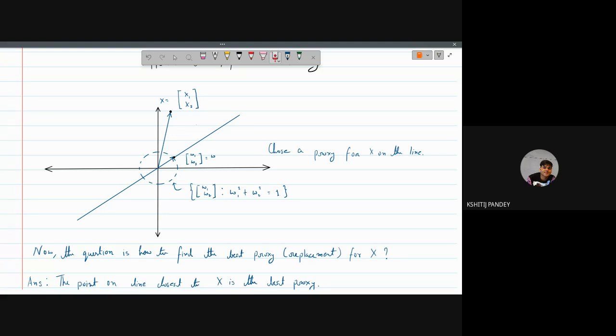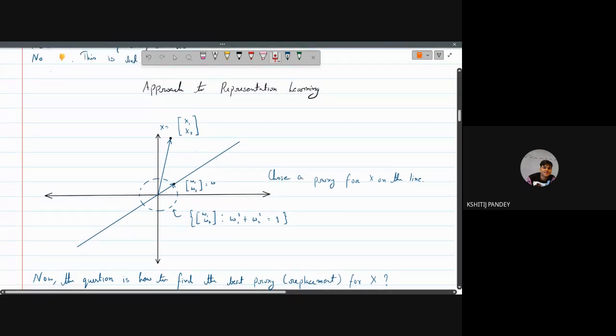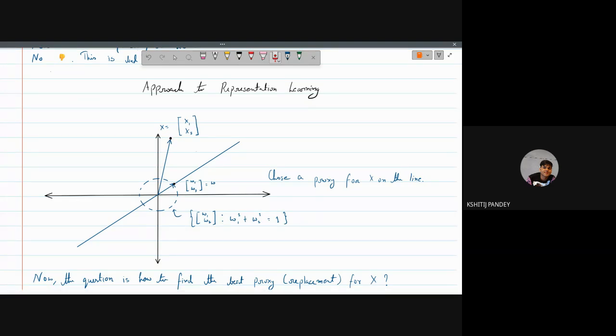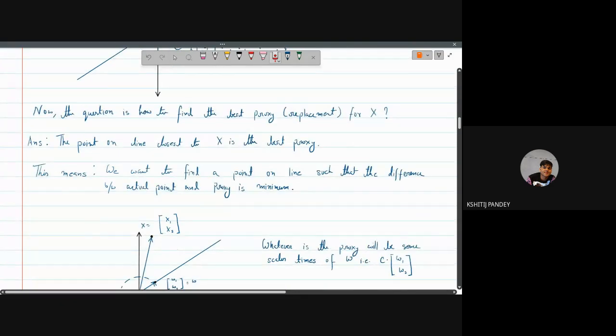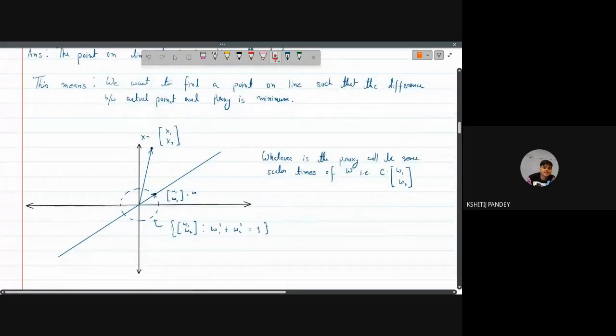We can always choose a vector such that the norm is equal to 1. So now what we have to do is find a replacement for our original data point. But now the question is how we will do that. Here I have written all the things so you can read, the same thing which I just said.